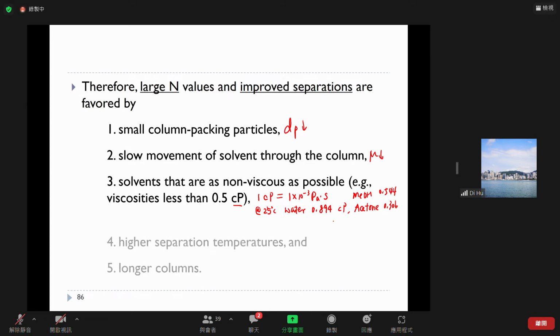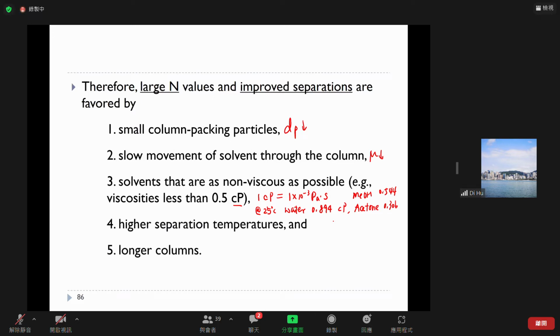And for high separation temperature, do you really want to adopt a really high temperature while running a separation? Not really, okay? And for longer columns, although a longer column can increase the number N, at the same time it increases the separation time.